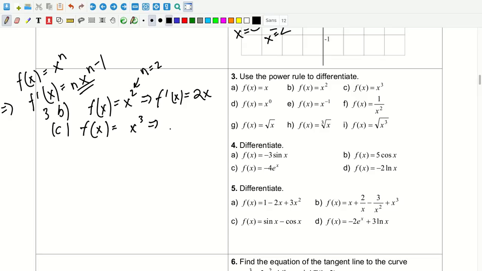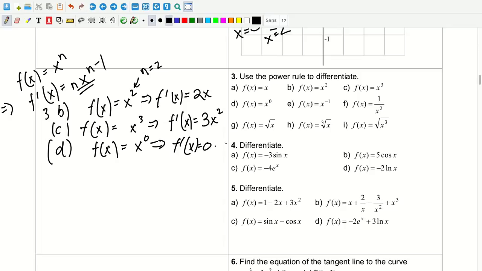The derivative f prime of x equals 3x squared. D, f of x equals x to the 0. If you're going to use the rule, you would write f prime of x, bring the 0 down, x to the -1, that's just 0.